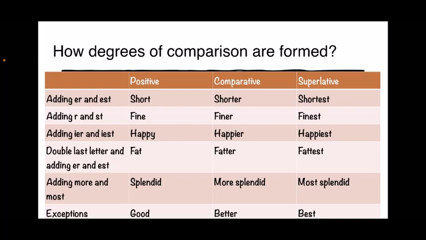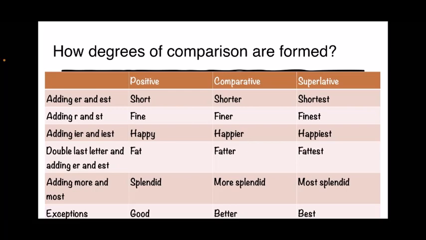So the word in positive degree is fine. To make it comparative, we add r, so the word becomes finer. And to make superlative, we add st to the e. So the spelling is fine and then we add st. So the word becomes finest.